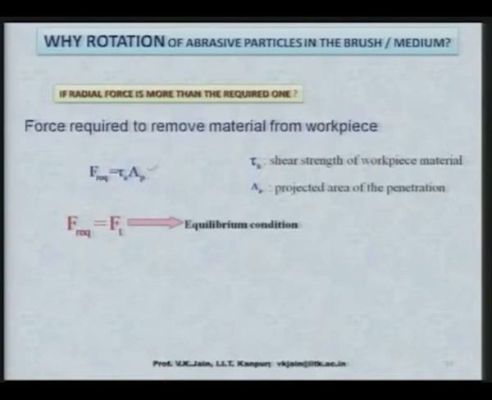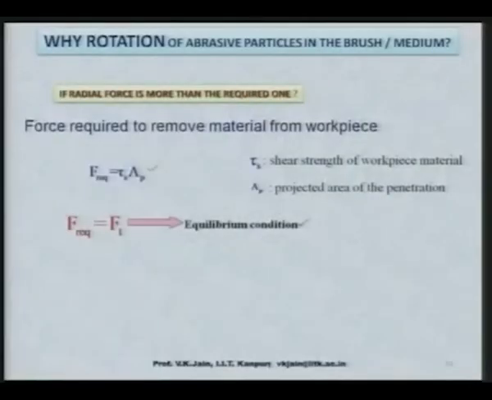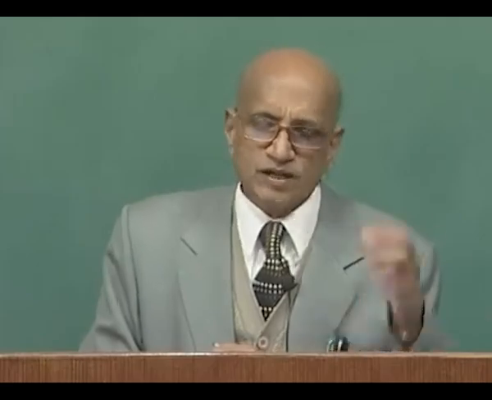Now, if the required force is equal to the cutting force or tangential force acting on the abrasive particle, then this condition is known as the equilibrium condition. That means neither is cutting taking place nor is the abrasive particle moving; it is just at the beginning of moving.